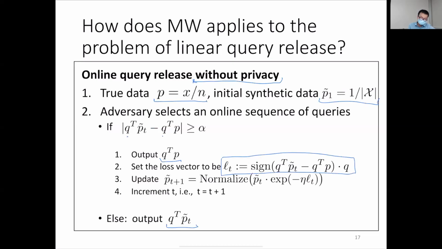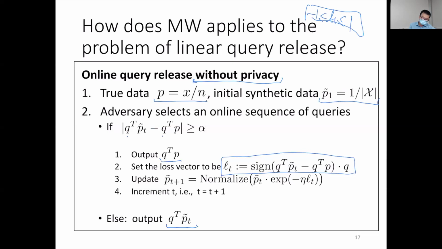The choice of this loss vector: first of all, the direction of this is proportional to this linear query, and then I'm multiplying by this sign here. Just now I said the loss is between 0 and 1. The same argument would apply to the case when the loss is between -1 and 1, right? So I use Holder's inequality. Let's take this slight generalization of the setting, so that this is a valid choice.